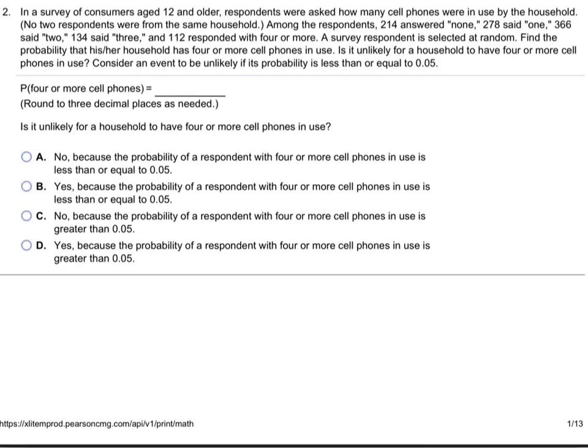Number 2, survey of consumers age 12 and older. Let me simplify all those numbers in the paragraph. How many cell phone users are in the house? 214 said none. 278 said 1. 366 said 2 people use cell phones in their house. 134 said 3.